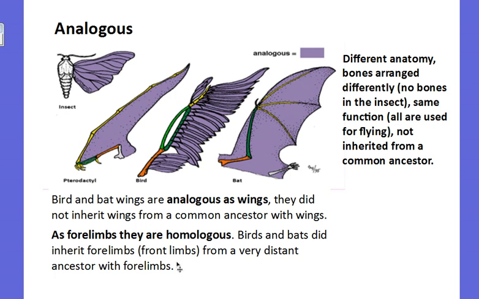And then again, it branched off to become mammals versus birds. So birds and bats did not inherit wings from a common ancestor. They inherited front limbs or forelimbs from an ancestor that eventually evolved into wings because they shared similar habitats or environments.